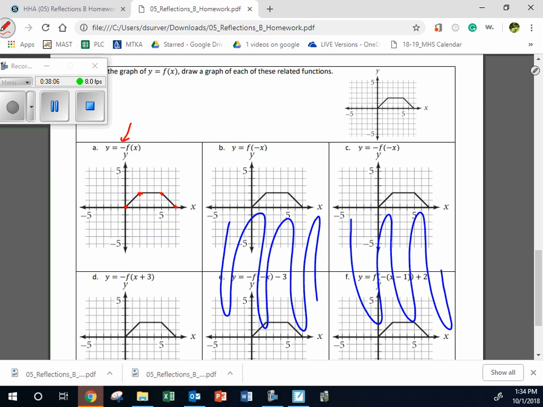So if this is a vertical flip, then every point has to get flipped that way. What about the ones that are on the line? Where would you flip them to? You can't. They're stuck to the mirror. So the final answer on this one would be the green one. Get the idea?